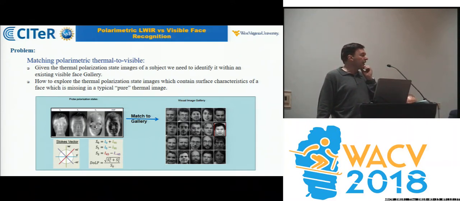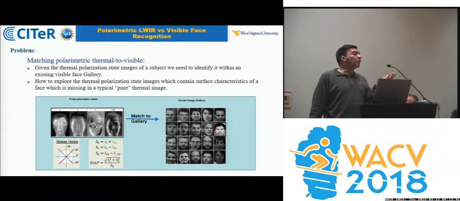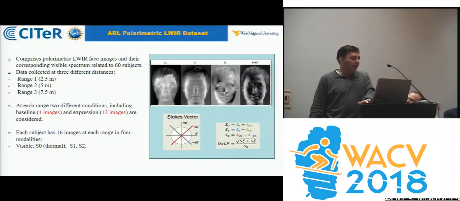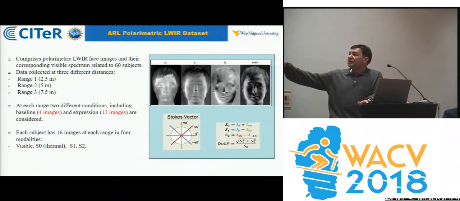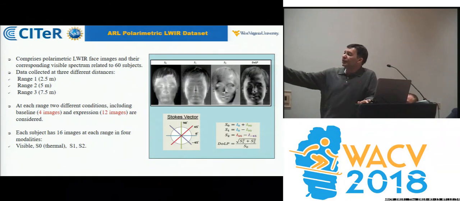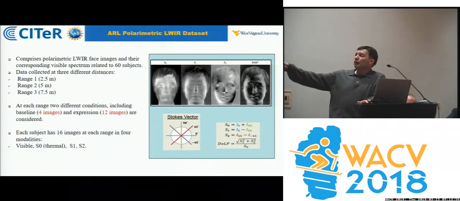Now, as Sean said, at ARL, because of the thermal imagery, all the details in the face image have washed away. We also exploited polarimetric thermal information. This shows the database. You can see this is the thermal imagery, and these are the polarization state images, which have some surface characteristics.